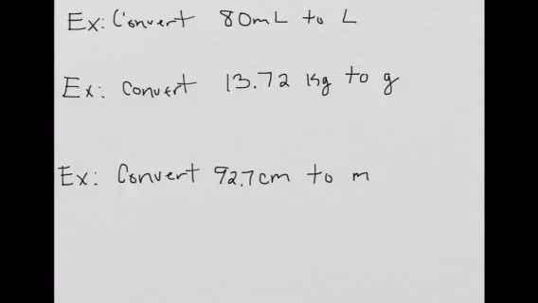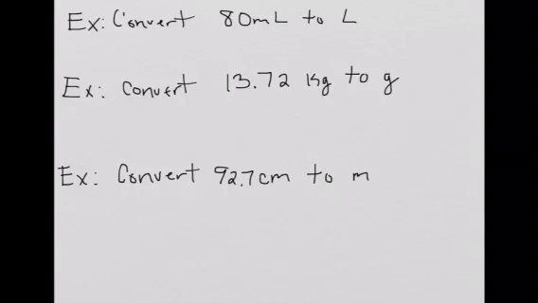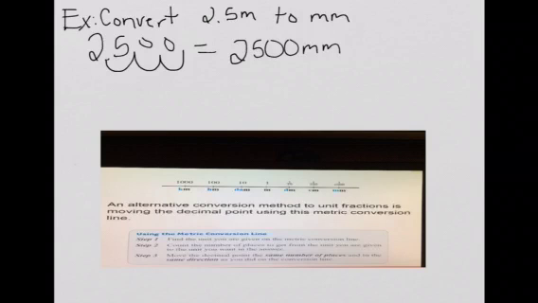So the first one, we wanted to convert 80 milliliters to liters. So if you remember, I'm just going to go back to the previous one we used, and if we look, we're going from milliliters to liters, and so we're down here at milliliters, and we're just going to the basic unit. Again, now these would be liters and milliliters, but we're starting down here at the milliliters.